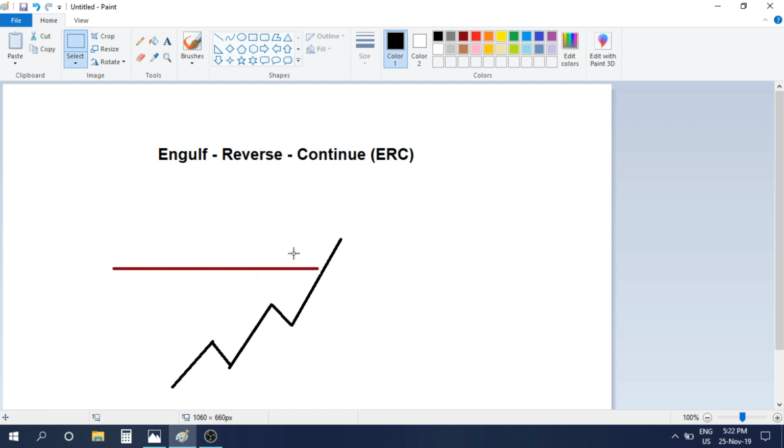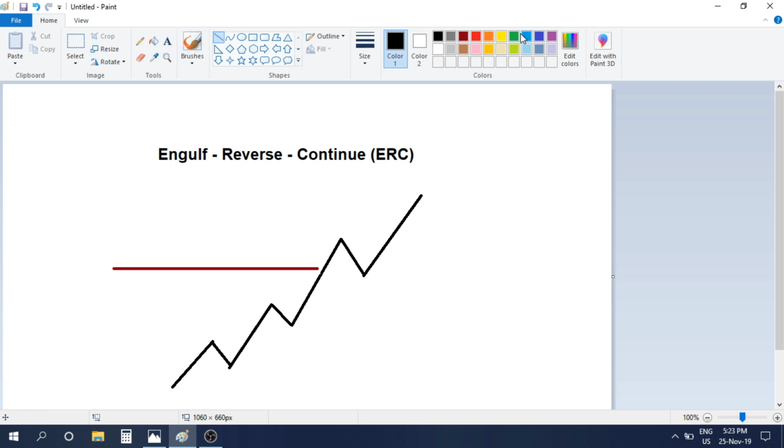So it engulfs this barrier, it means it breaks this barrier. Then price would reverse. Okay, so it can reverse from like this from here, and then it will continue.